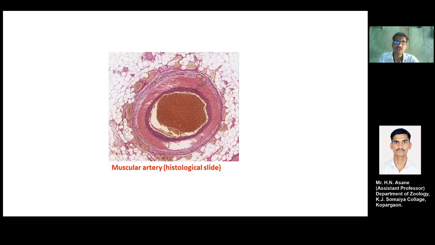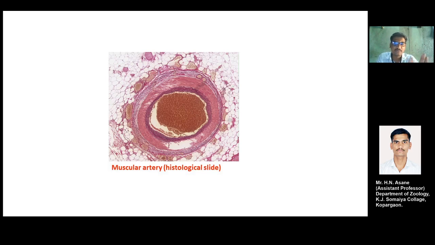The circle which you see is the structure of the muscular artery. This is the whole cross section of the artery, and in the lumen you will see a patch which looks like muscle.